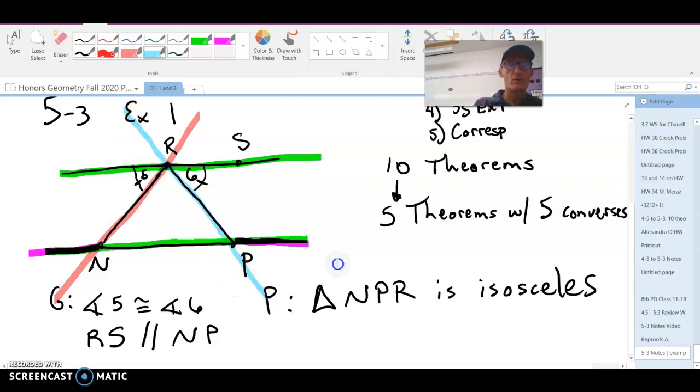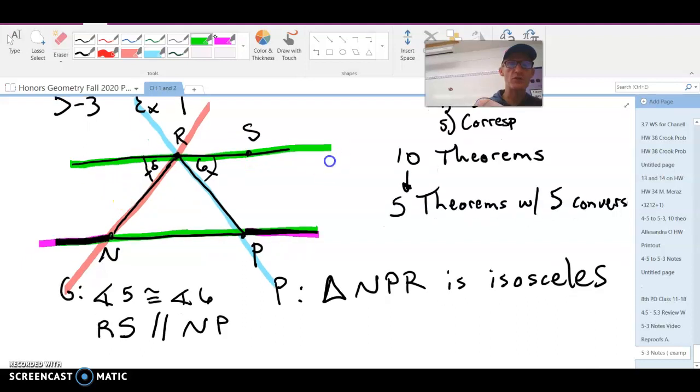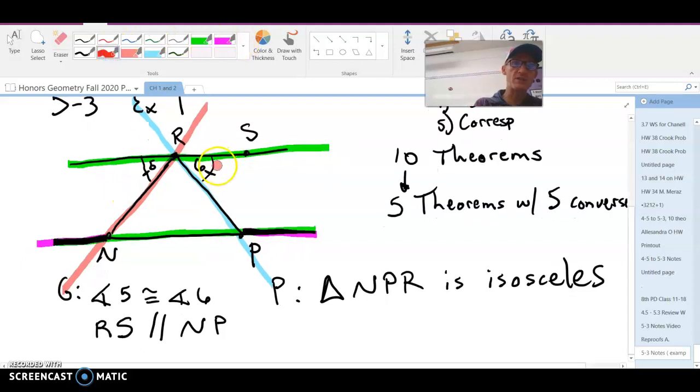Okay? So when you see these 2 transversals, our hope is that you can see that this angle and this angle are alternate interior angles. And then you can also see that this angle is congruent to this angle for the same reason. If the lines are parallel, the alternate interior angles are congruent.